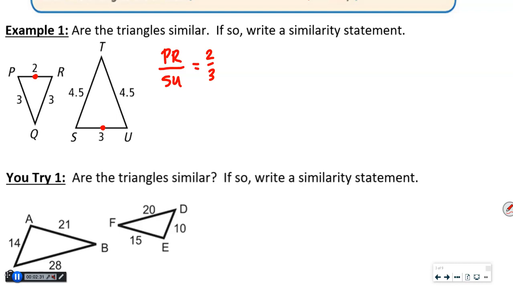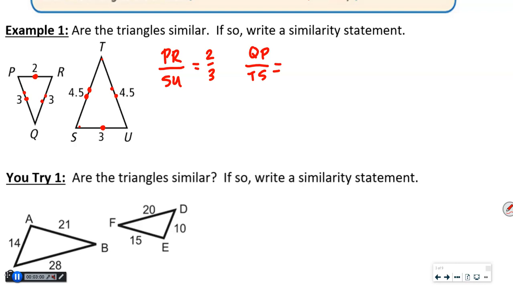I'm going to then compare QP to TS, and that would be, let's do our 2 dots here. This is what I do: I compare sides to sides based on the length of the side. Obviously this is also 2 dots, and this is 2 dots, because those are isosceles triangles.